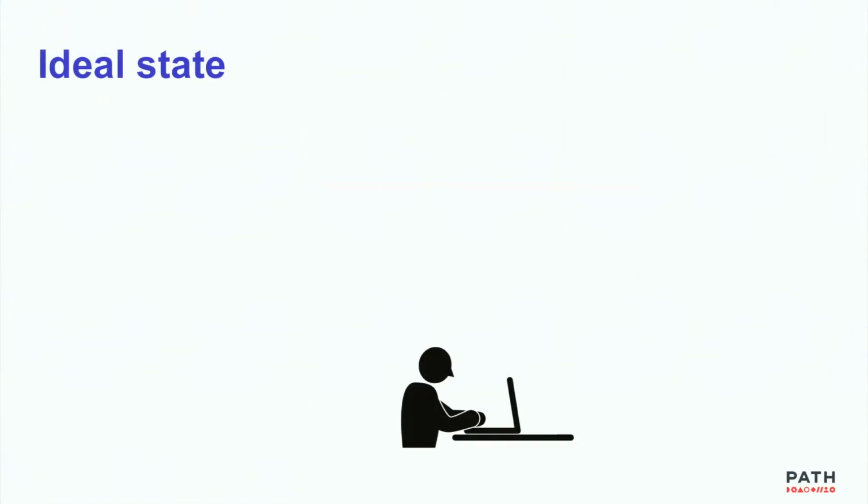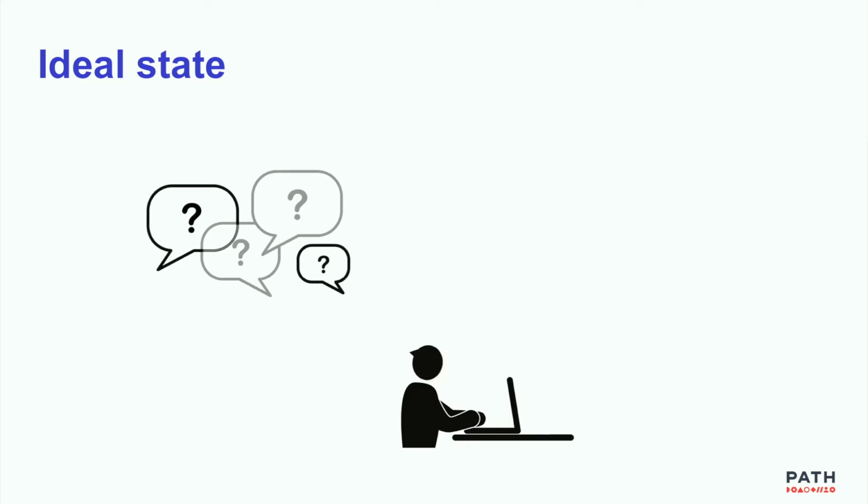So one of the things when Jonathan and I started working together, even before we convinced him to join Path, was we started to see a common trend. When we started to work with our teams at Path and also our counterparts, oftentimes we start in this very hopeful, idealistic state.